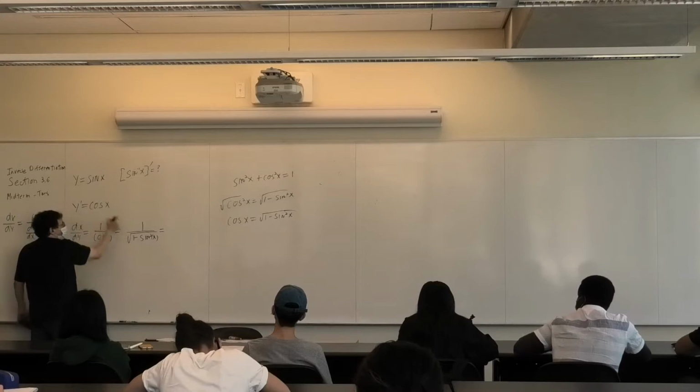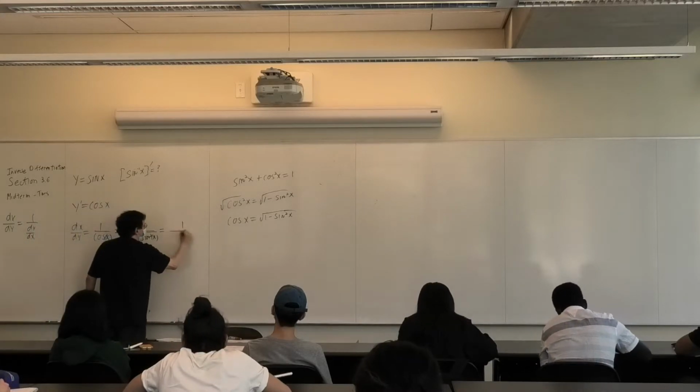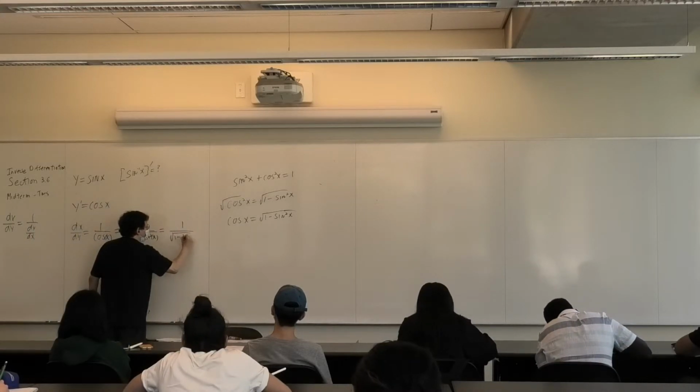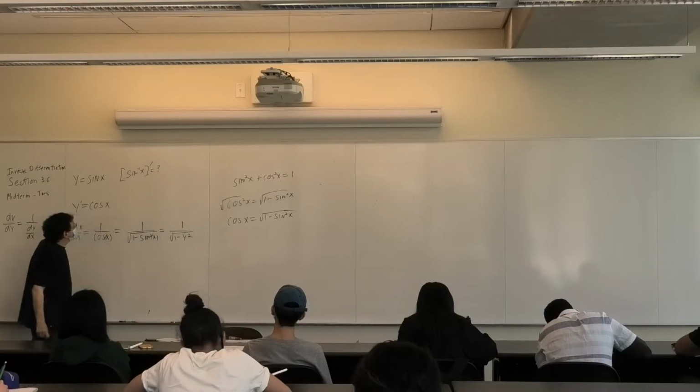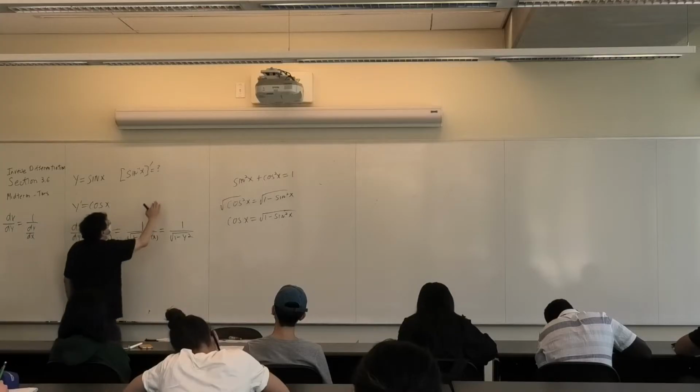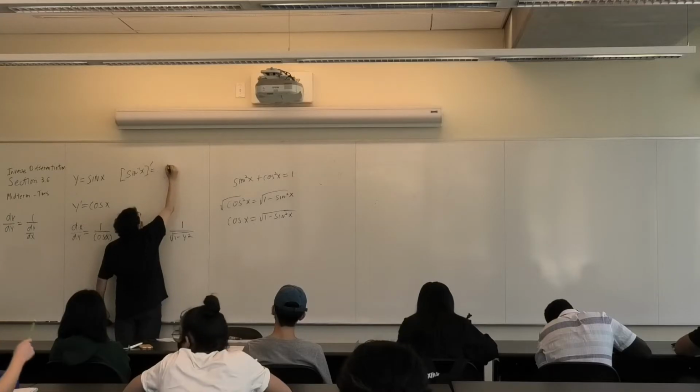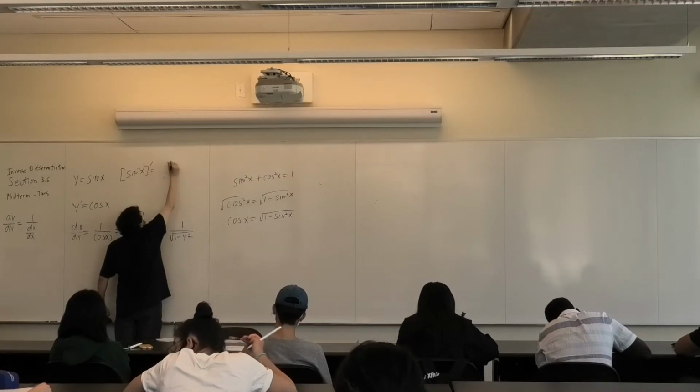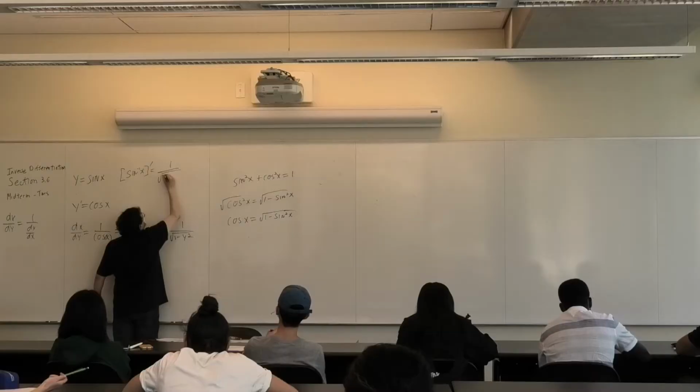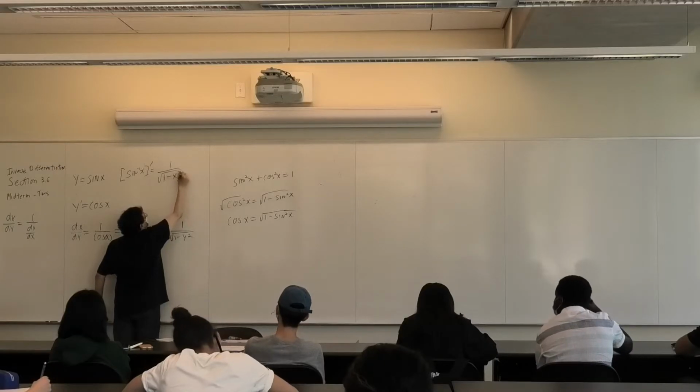Now I can substitute here. So it turns out the derivative of the inverse sine is 1 over the square root of 1 minus x squared.